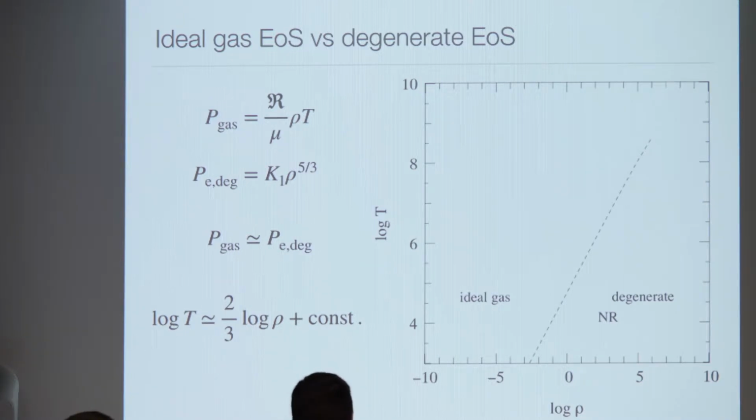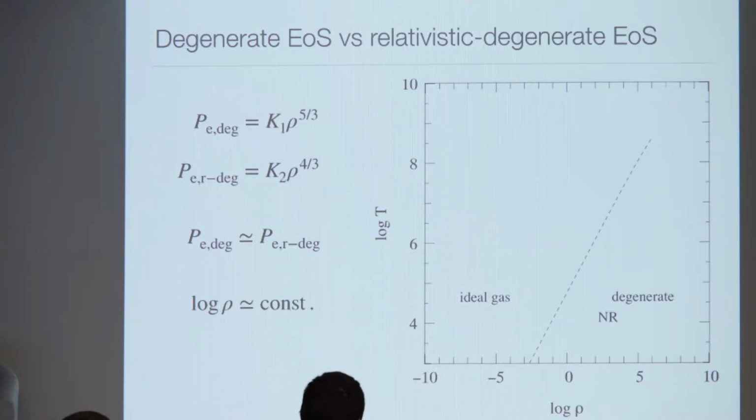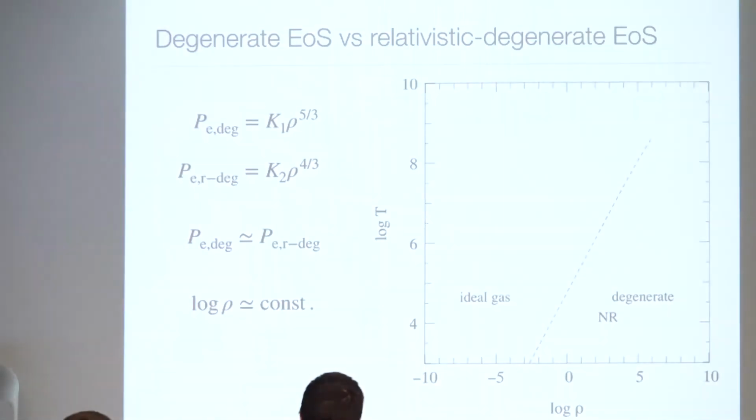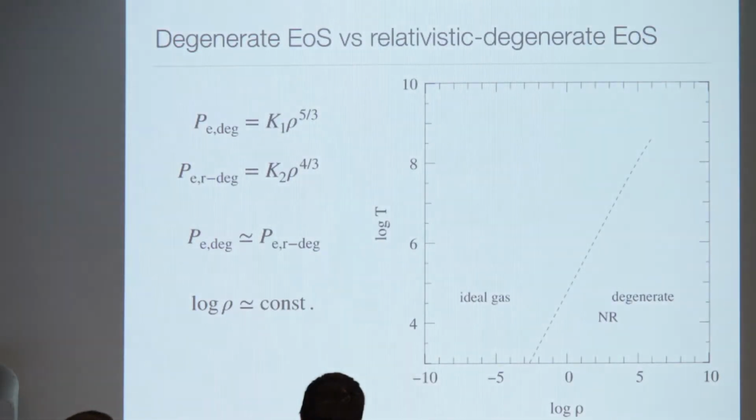We can do the same exercise for the different equation of states. In this case, we now think of the non-relativistic and relativistic electron degenerate pressure. As we briefly talked about, when those two pressures get similar is where the transition should occur.